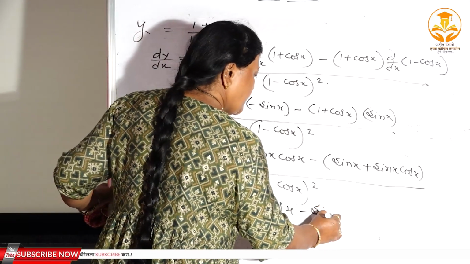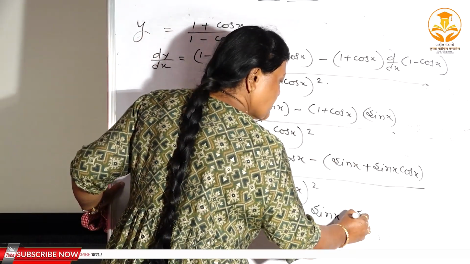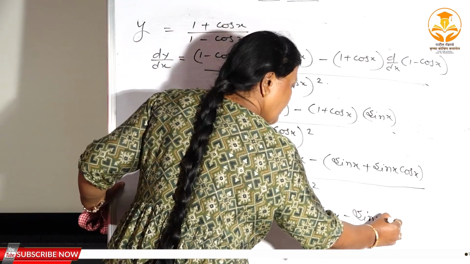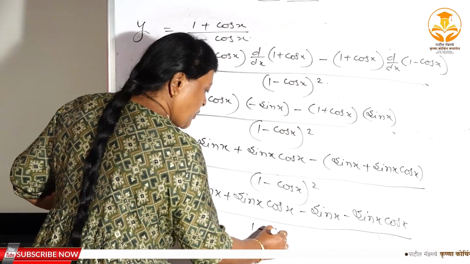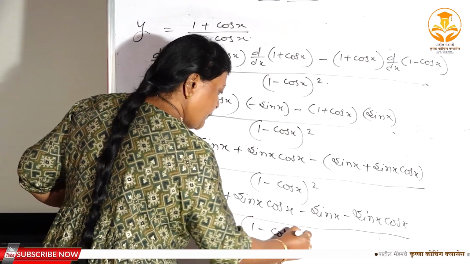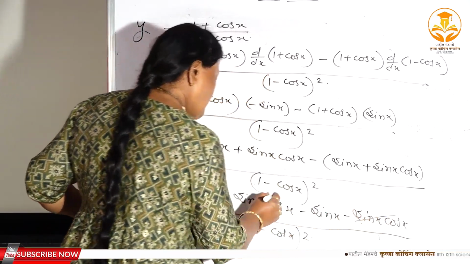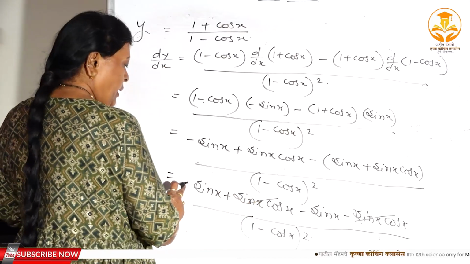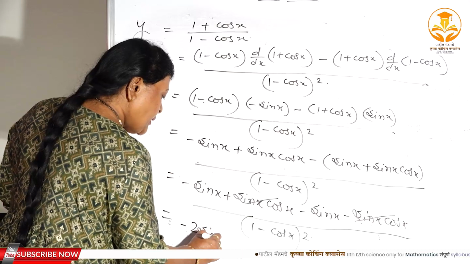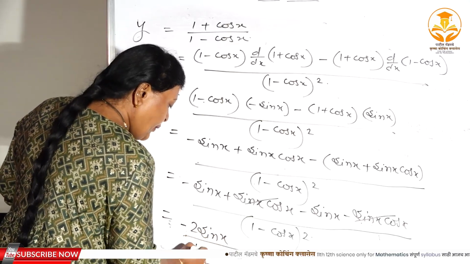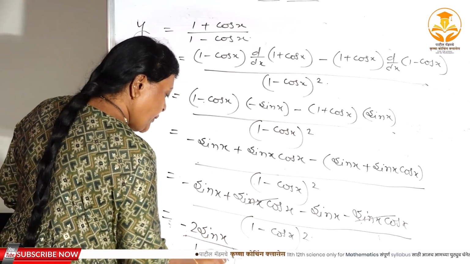Minus sin x. Here plus into minus minus. Minus sin x cos x divided by 1 minus cos x whole square. Right? This gets cancelled. What remains here? Minus sin x, that is equal to minus 2 sin x divided by 1 minus cos x whole square.